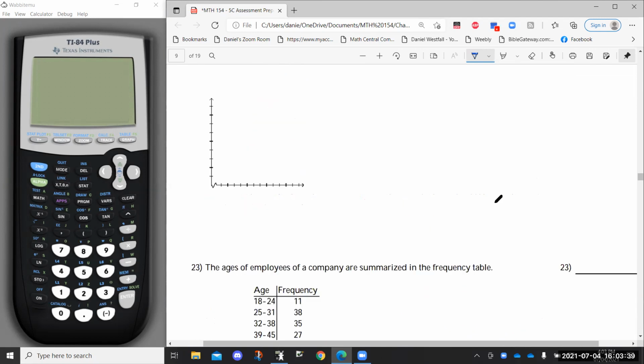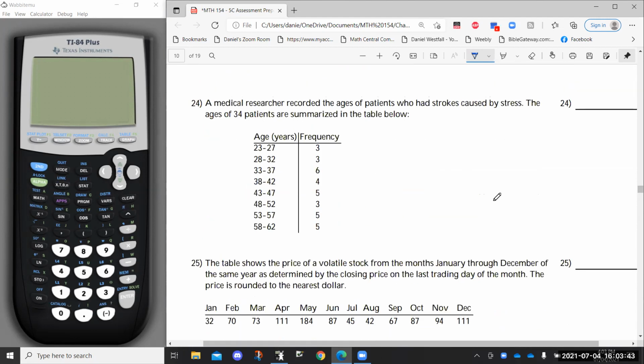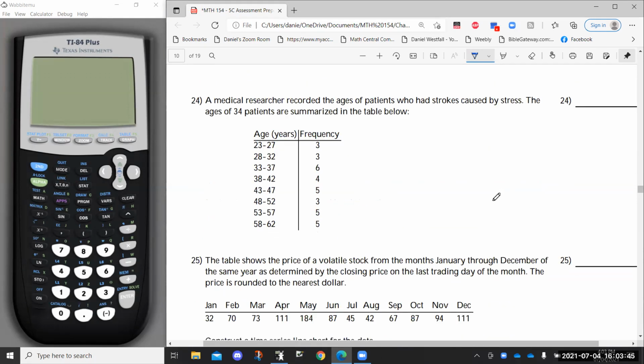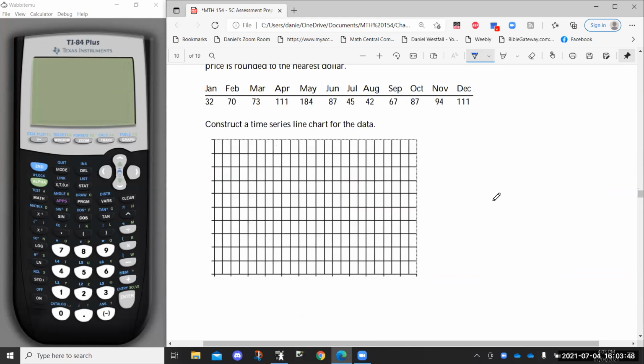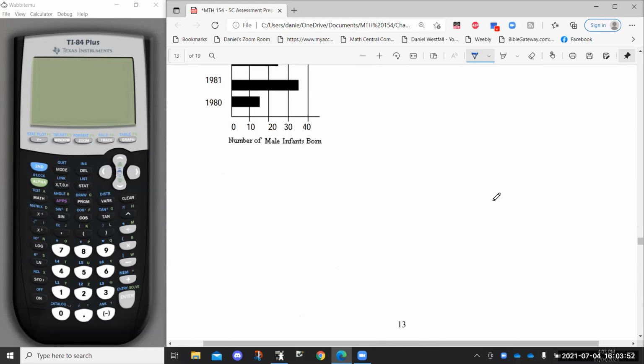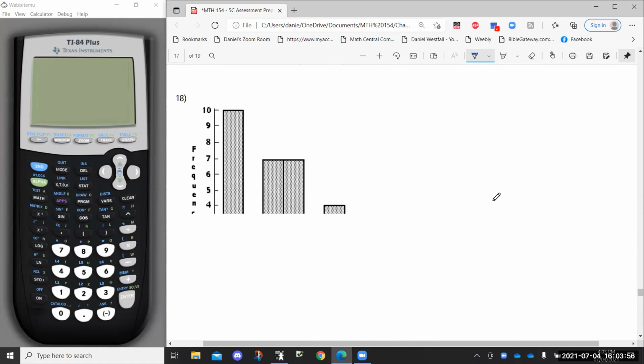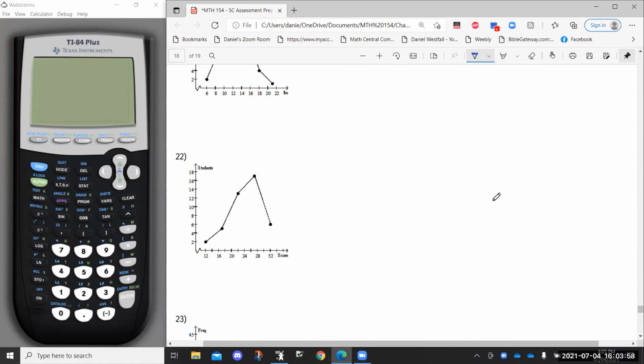So I think all of these problems here are line graphs. Let me check. I think they're all line graphs until number 25. Let me take a quick look at that and make sure. Yes.